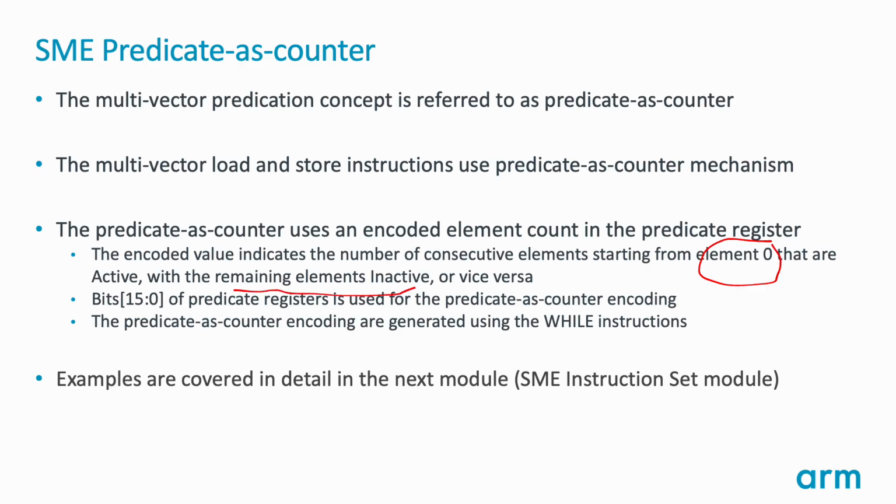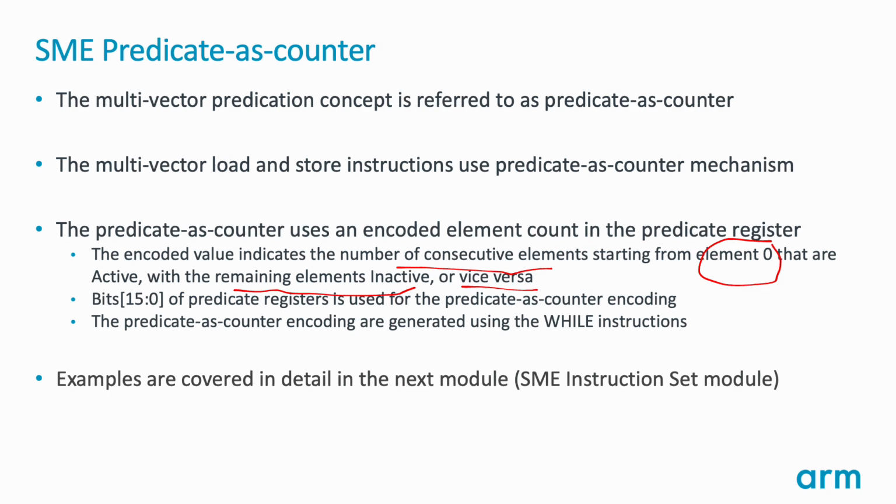The encoding can be used both ways: to indicate the first set of consecutive elements are active and the rest are inactive, or to indicate the first set of consecutive elements are inactive and the rest are active.